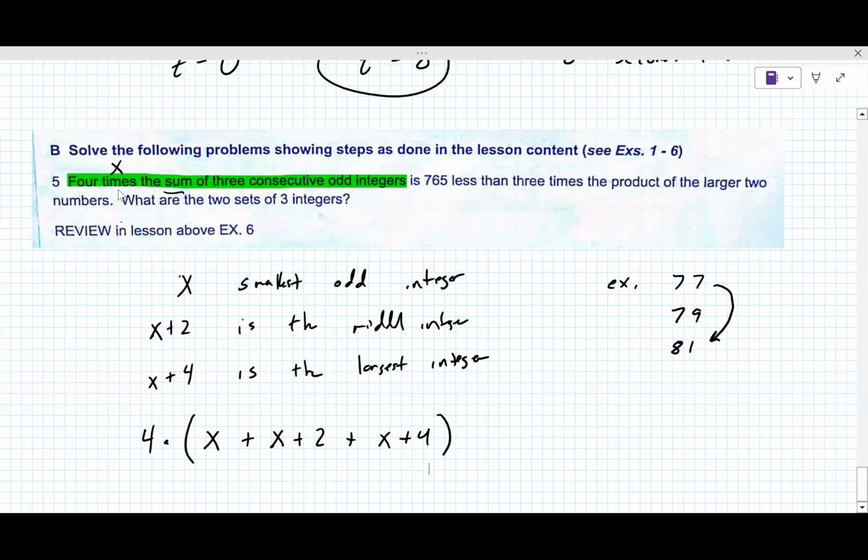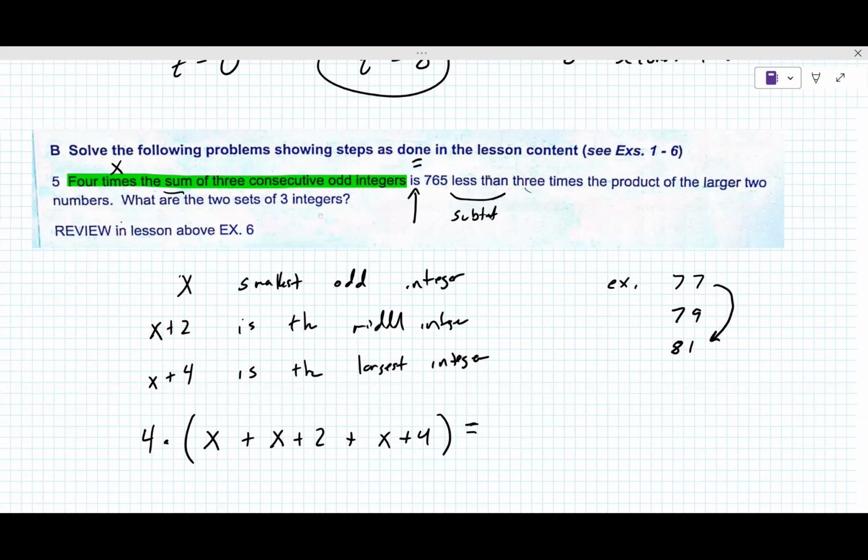So let's read it one more time. 4 times the sum of x, x plus 2, and then x plus 4. Now the word is always means equal. 765 less than, okay, so less than means subtract. 3 times the product of the 2 larger numbers.